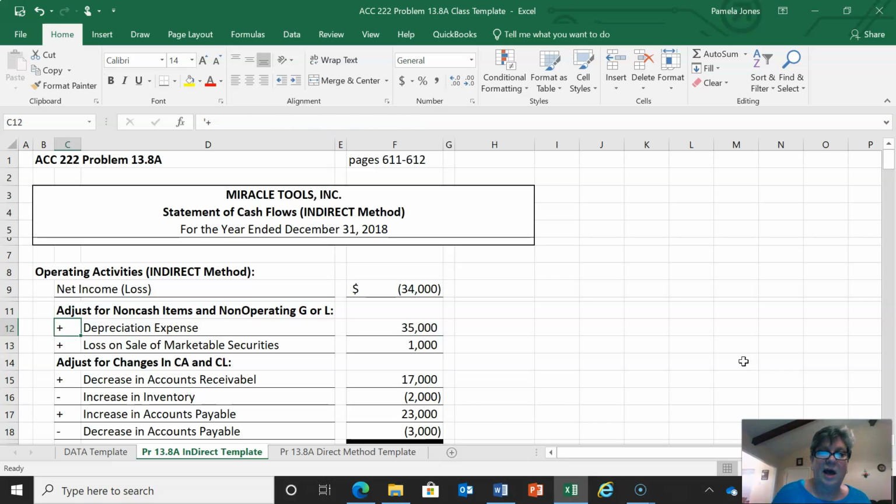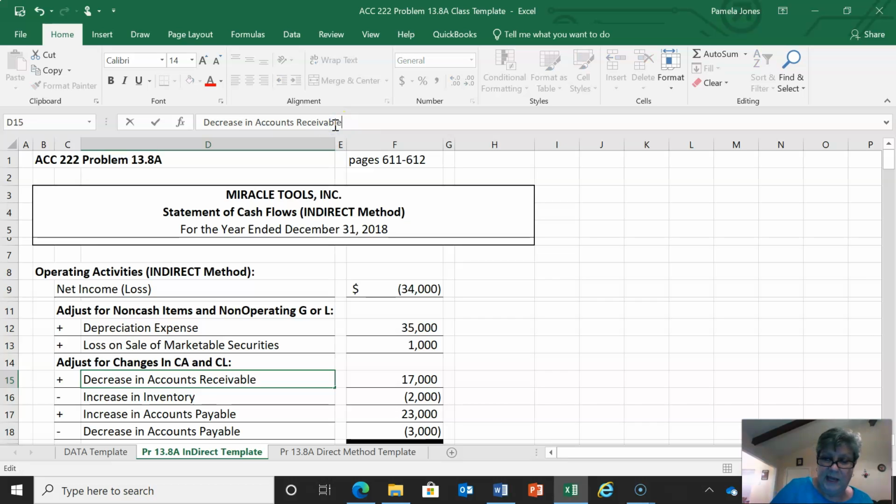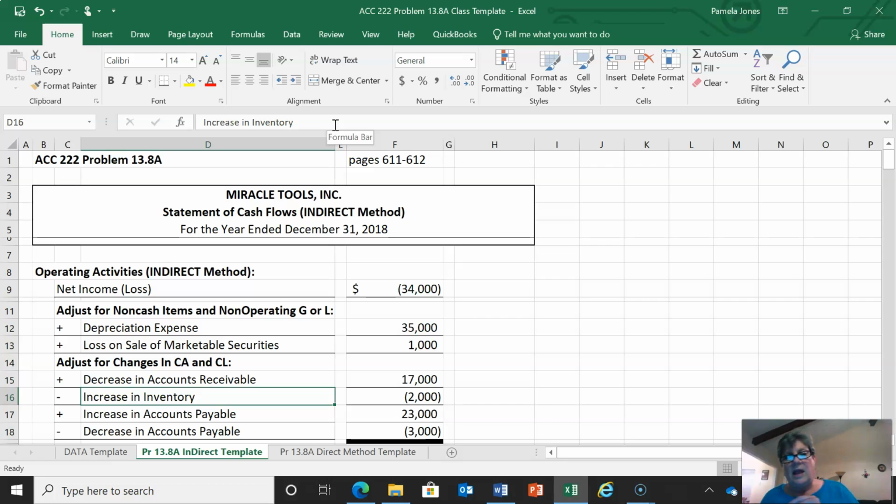We adjust for non-operating gains or losses, add back the loss, subtract out the gain. Then we adjust for changes in current assets and current liabilities. And we have an example of each of the directional changes. We had an increase in inventory and a decrease in accounts receivable. So add the decrease of current assets, subtract the increase in the current asset.